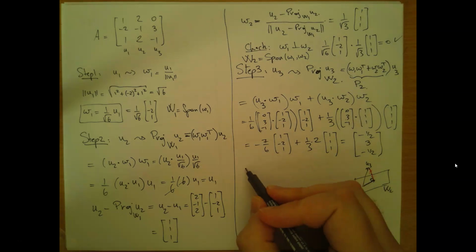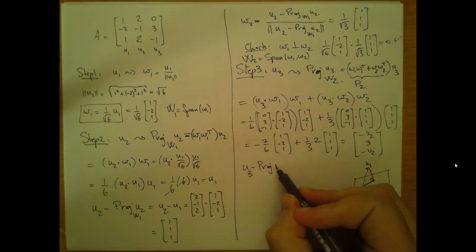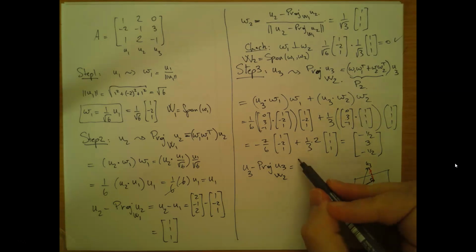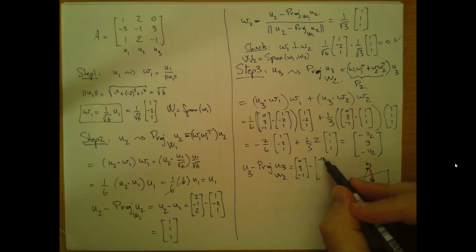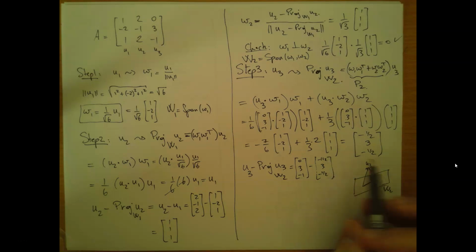So what is u3 minus the projection of u3 onto W2? Alright, so u3 is (0, 3, -1). And the projection is (-1/2, 3, -1/2).